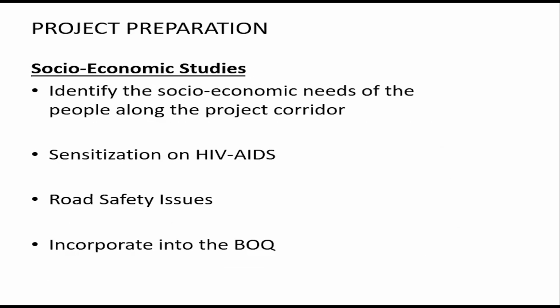And then you do sensitization on HIV/AIDS. Road safety issues are very key. And then all these things must be incorporated into the BOQ. In fact, in preparation, you need to have everybody on board. All stakeholders, everybody needed must be on board so that the project can be well prepared and take off well.